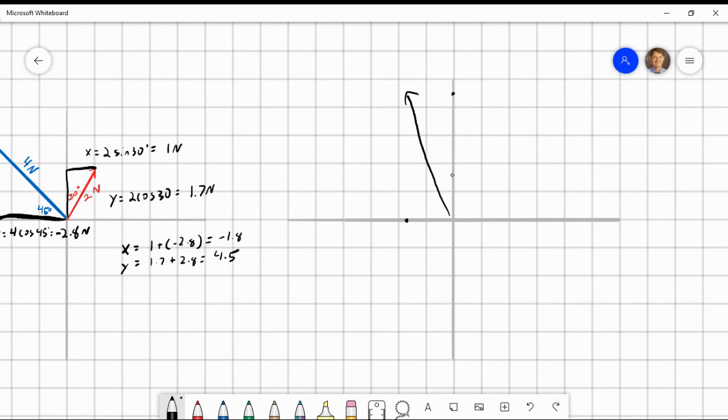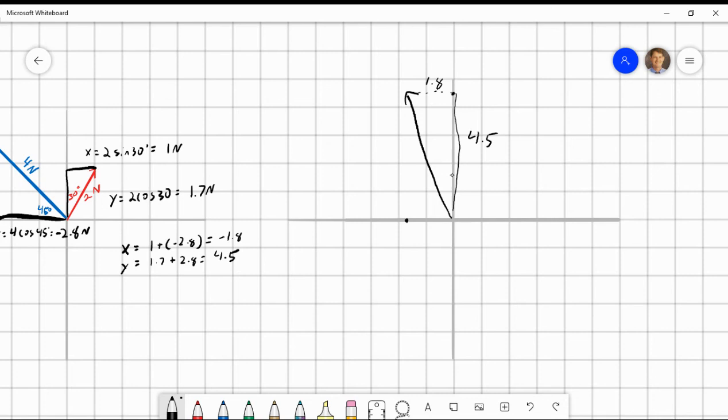Now all I have to do, if I want to get the angle and really figure this totally out, is this: I know that this is 1.8, and I know that this is 4.5.